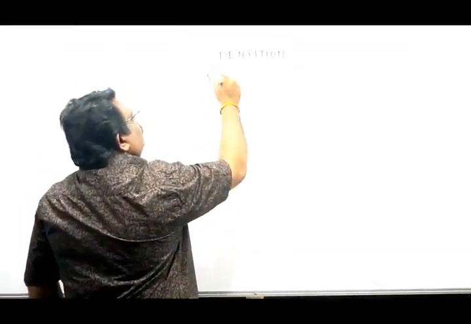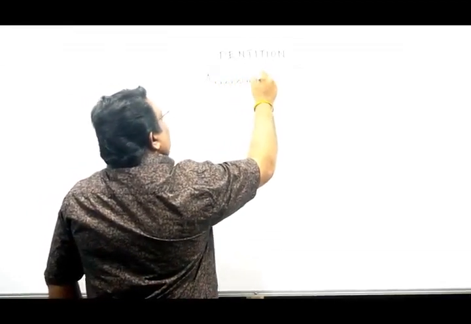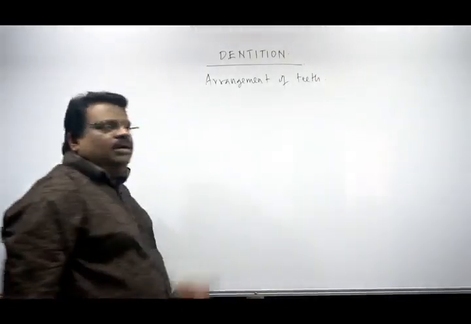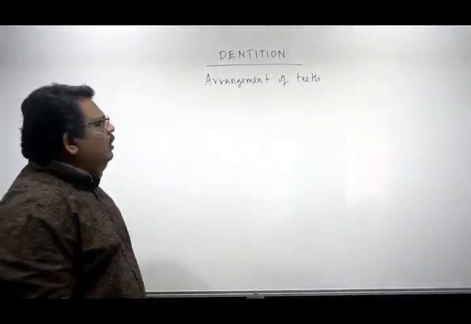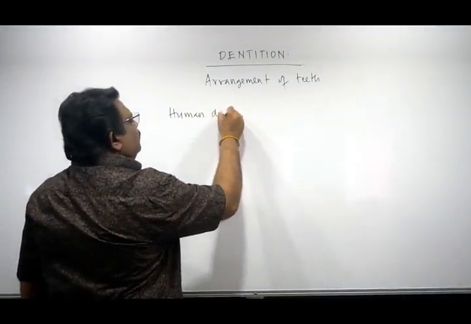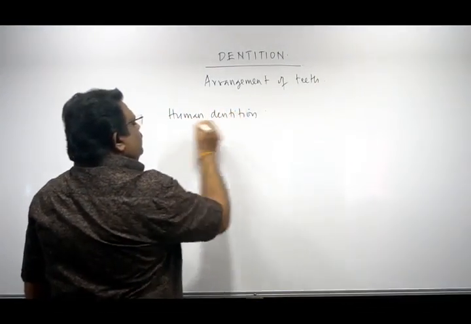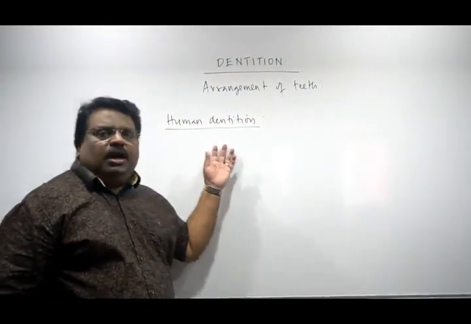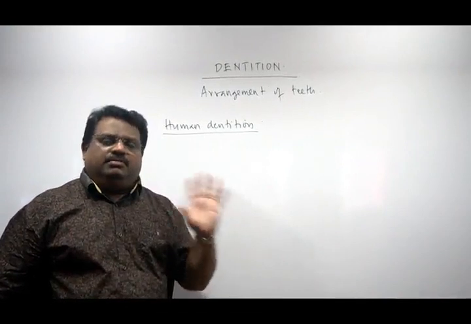So the arrangement of teeth is called dentition. As far as human dentition is concerned, usually we describe human dentition by using three different terms.